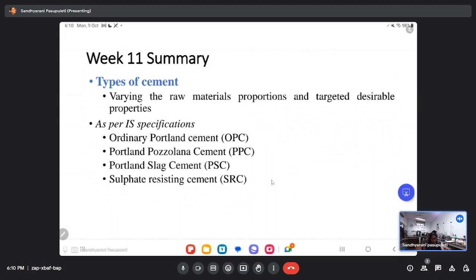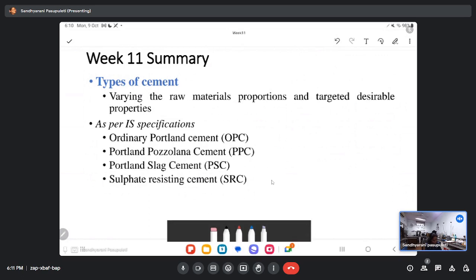The process is the same in any kind of cement, but the proportion of the raw materials varies. So based upon the amount and kind of raw materials and the targeted desirable properties, we have different kinds of cements according to the Indian standard specifications.